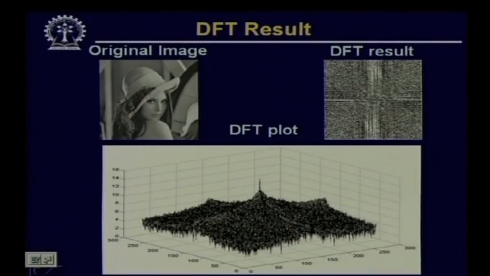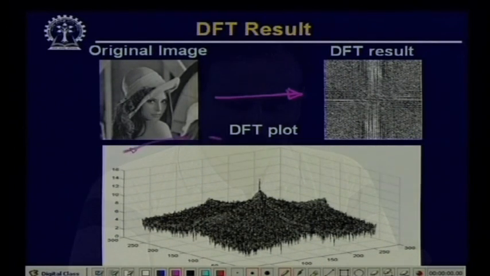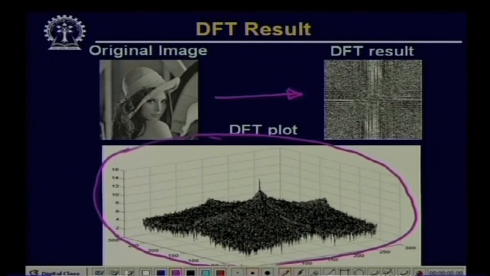If you take the discrete Fourier transformation of this image, the right hand side shows the DFT given in the form of an intensity plot, and the bottom one is the 3-dimensional plot of the DFT coefficients. Here again, when these coefficients are plotted, the origin is shifted to the center of the plane, so that you can have a better view of all these coefficients.